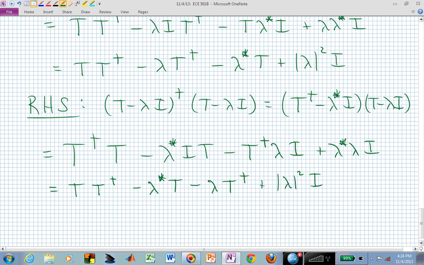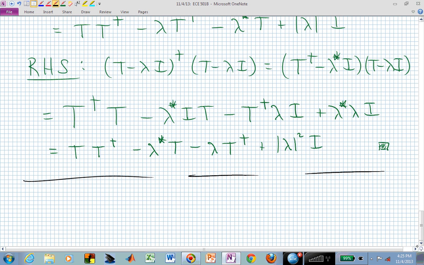I hope you now believe that finishes the proof of that lemma, that T minus lambda I is normal, because it commutes with its adjoint.